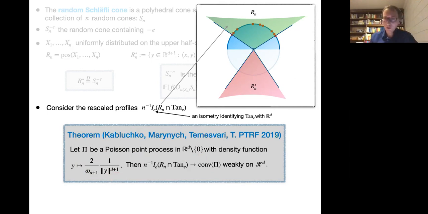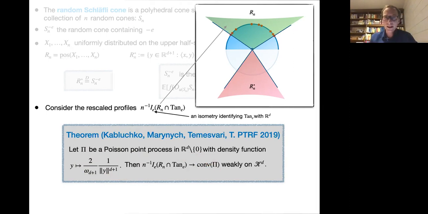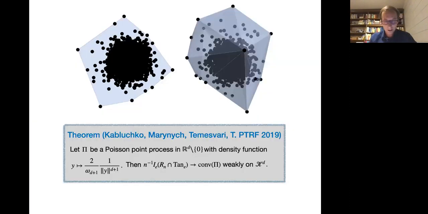And to give you an impression of how these limiting random polytopes look like, I have prepared some simulations for you. So this is in dimension 2, this is in dimension 3. So what you will see here is there is the origin. Around the origin, there are infinitely many points in any small neighborhood.